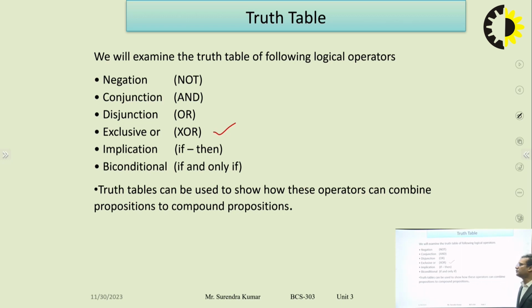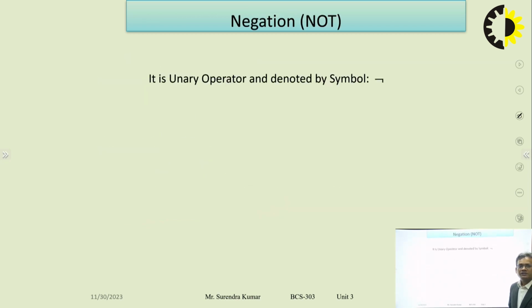And the truth table is basically used to show how these operators can combine propositions into compound propositions, right? So the very important role of these connectives is creating compound propositions from atomic propositions.